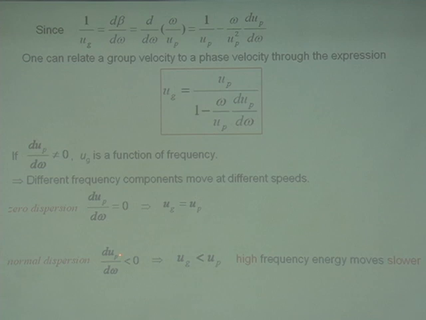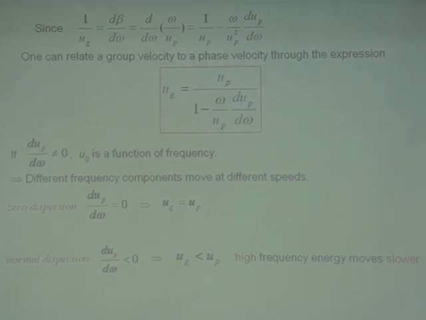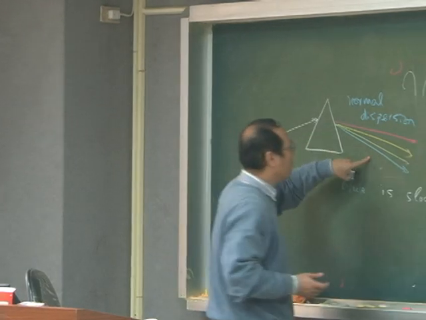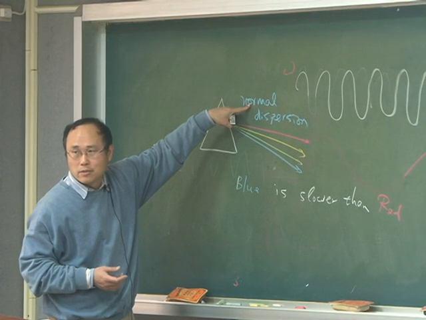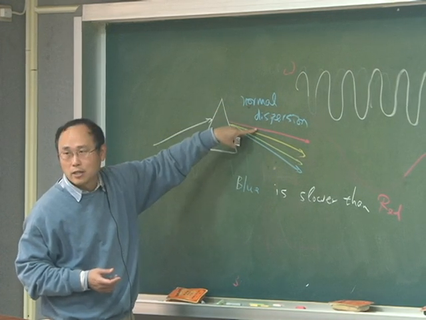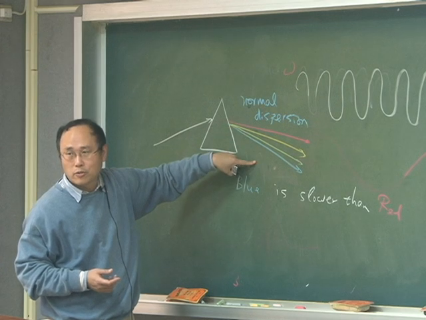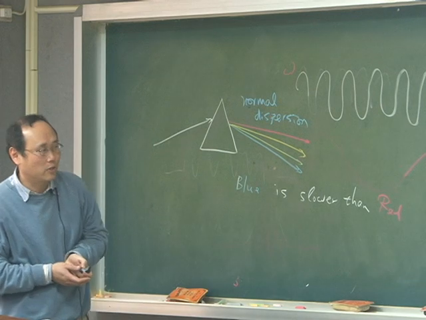OK， 频率越来越高，速度越来越低。Blue light has a higher frequency than red light. 这是短波长，这是长波长，所以频率变高，它速度变慢。We call this normal dispersion.